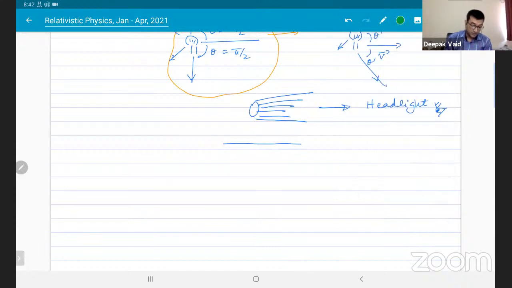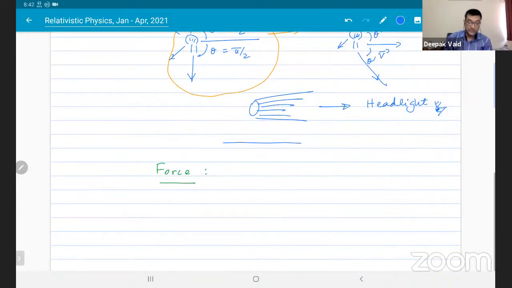All right. So now I'll come to the next topic, which is force. We'll talk about relativistic forces. So again, we have the position 4 vector, we have the velocity 4 vector, which is dx mu by d tau.